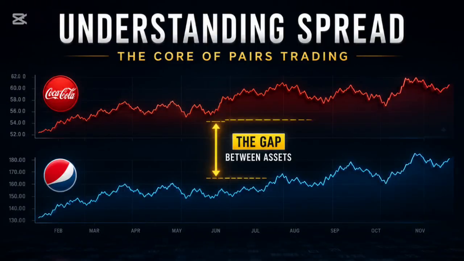So in the previous videos, we first looked at what pairs trading is, and we looked at correlation, the types of correlation, and why correlation is not enough. You should avoid trading just correlation.